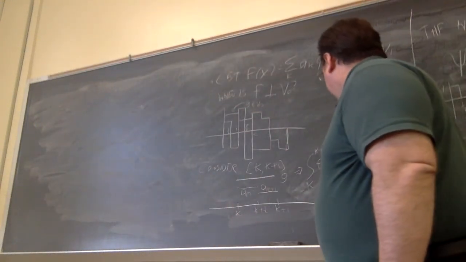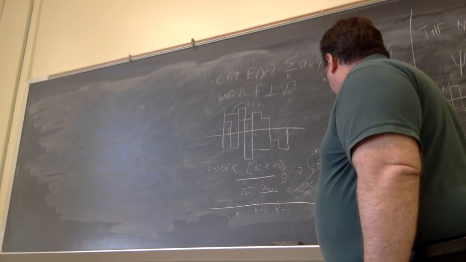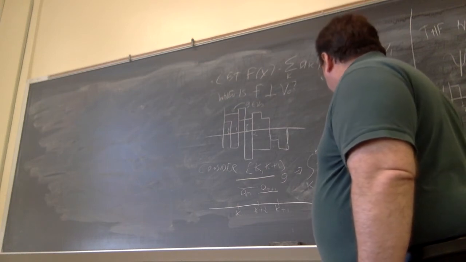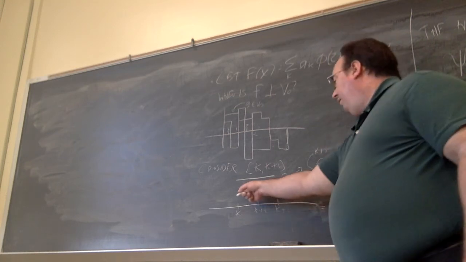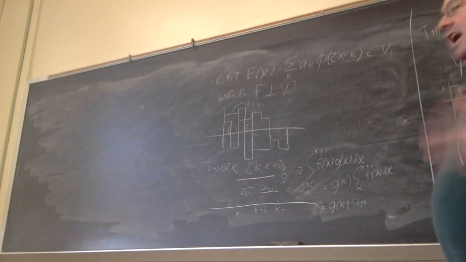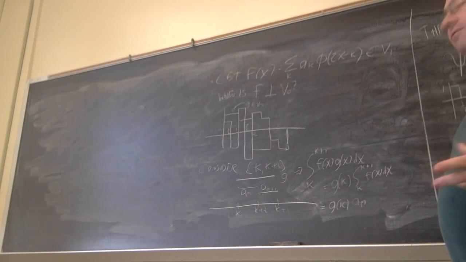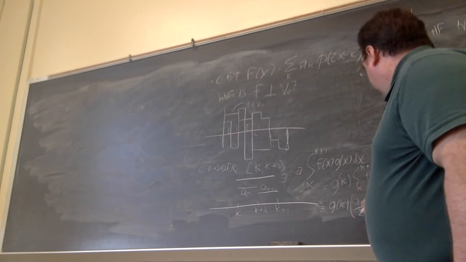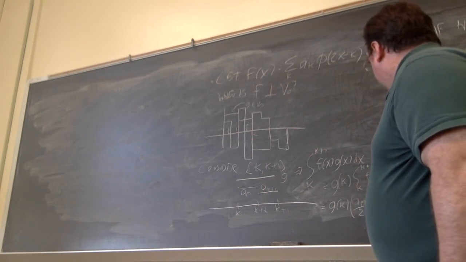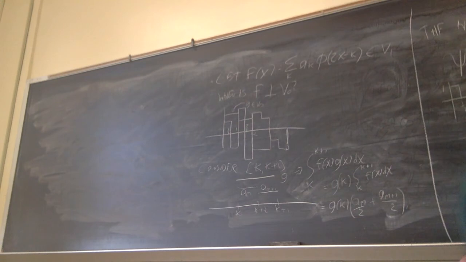So this would be g of k, and then I'd have a_m, so we have the height of a_m and a width of 1/2, so a_m over 2, plus a_m plus 1 over 2. So that's the inner product after I've evaluated everything, because f is a constant function on each half interval.